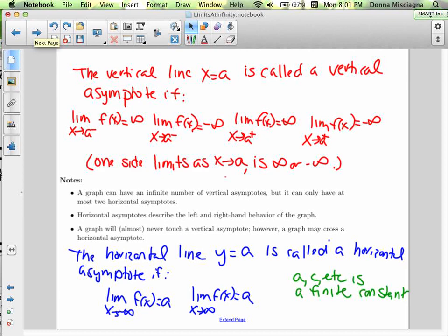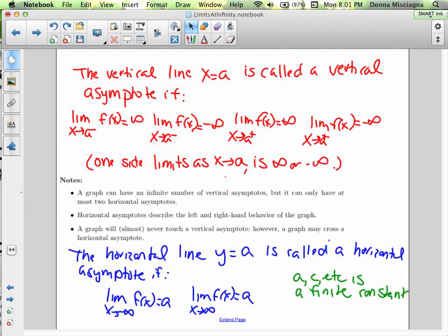For the horizontal asymptote, it's what x is approaching that's negative or positive infinity. So they're kind of flipped of one another, where the finite number is and where positive and negative infinity are.